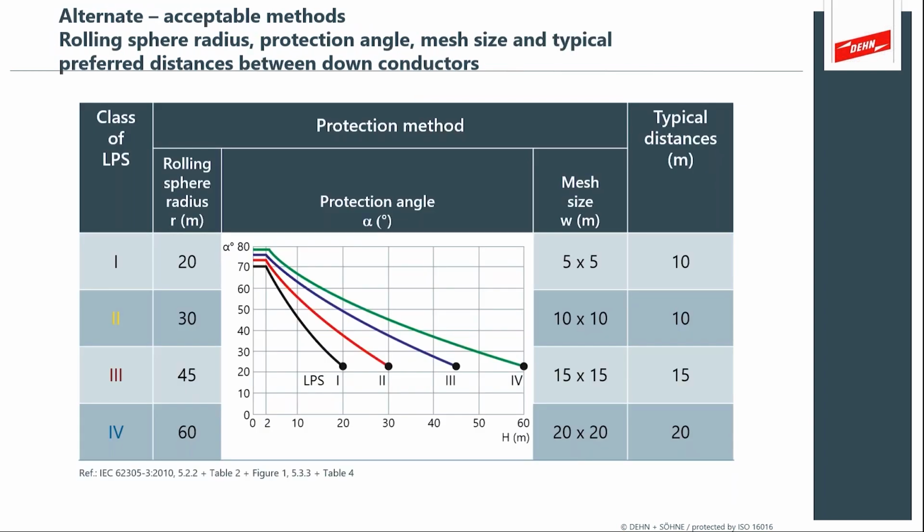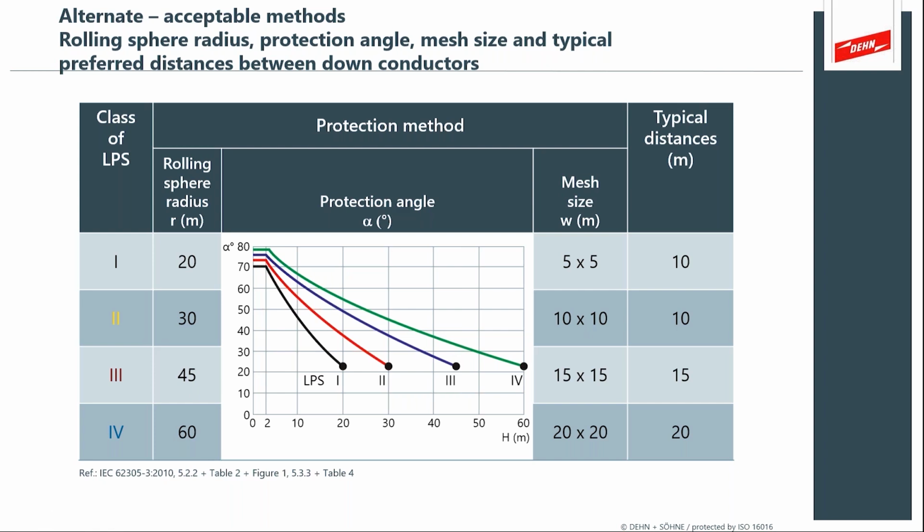Of course, there are other protection methods. You can apply a mesh, you can apply a protection angle. This is often seen around the electrical substations here in Florida, for instance. If you have a substation, you can predict the angle of protection below that air terminal.